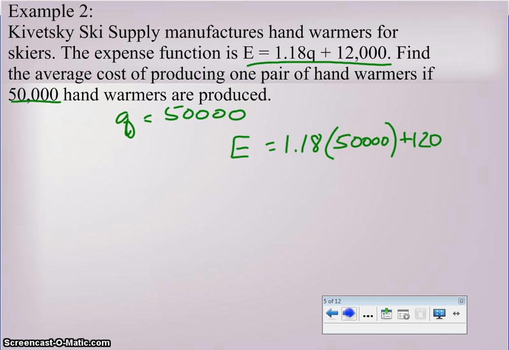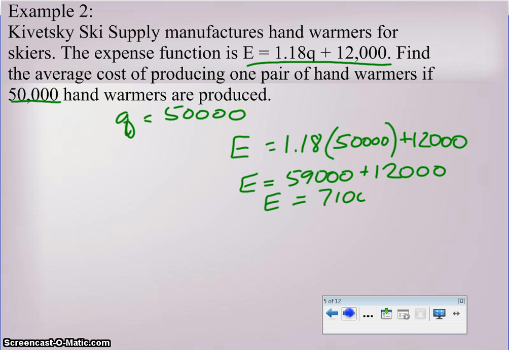plus the 12,000. When I multiply that out, I end up with the expense equals 59,000 plus that 12,000. So my total expenses are $71,000. But that's $71,000 for the 50,000 that they produced.